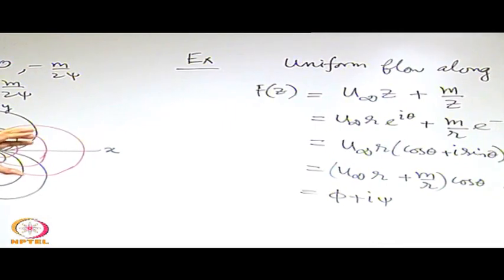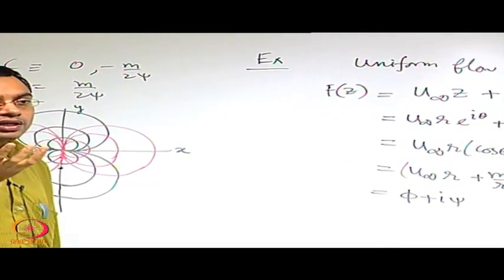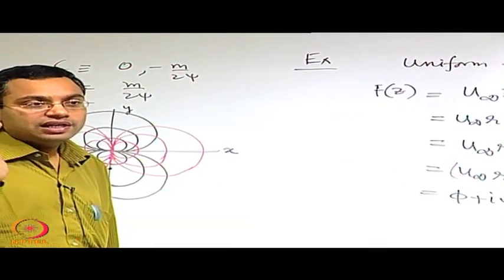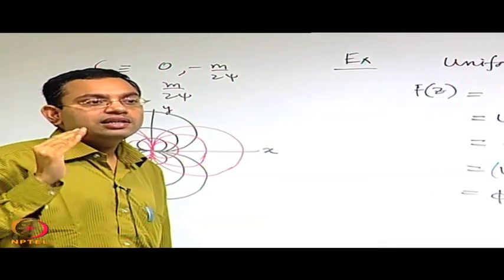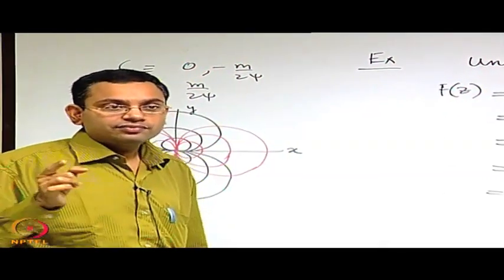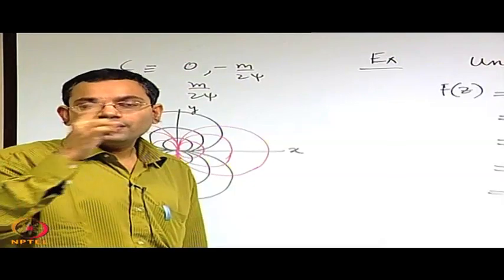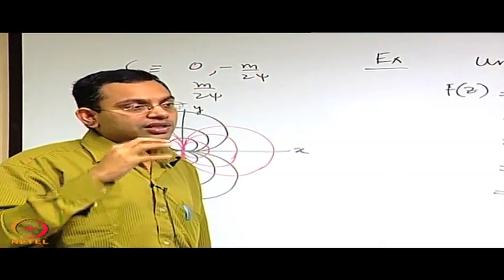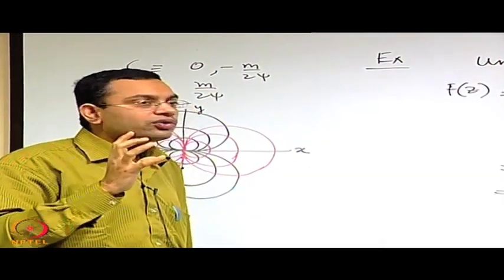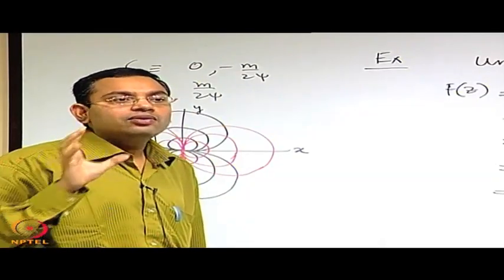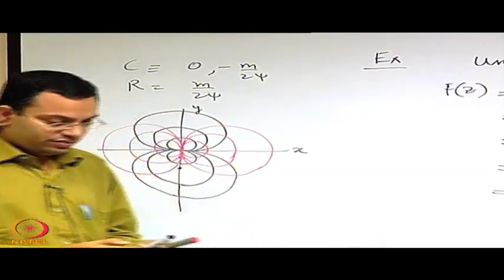So if you want to generate a contour of a body, it should represent psi equal to constant. By convention that constant is taken as 0, that is the reference. So the shape of the body should come out from the condition of psi equal to a reference which is 0.